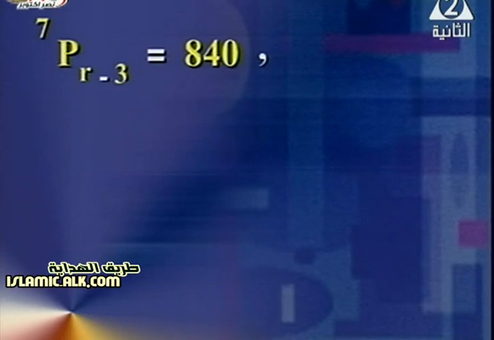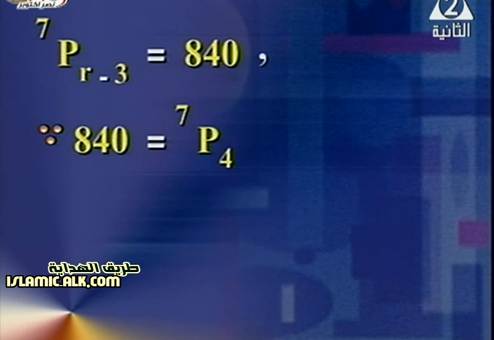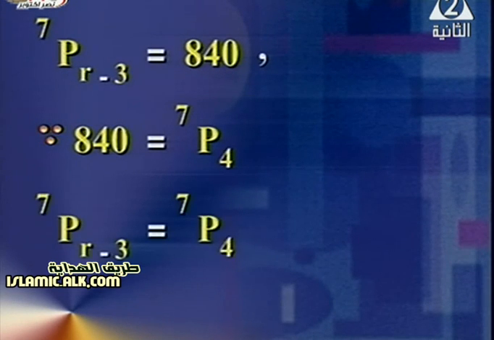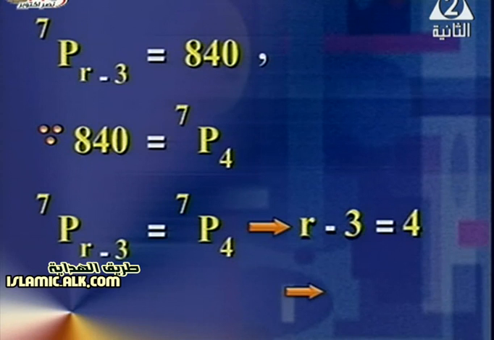Since 7Pr minus 3 equals 840, what is the permutation of 840? It equals 7P4. By substitution, 840 equals 7P4, so 7Pr minus 3 equals 7P4. In this case, 7 equals 7, therefore r minus 3 equals 4. The value of r is 7.